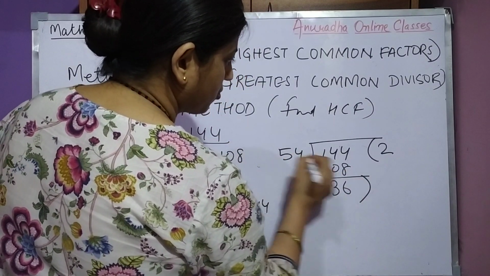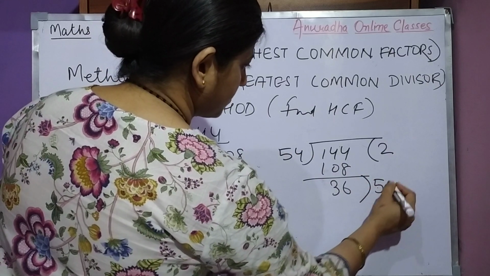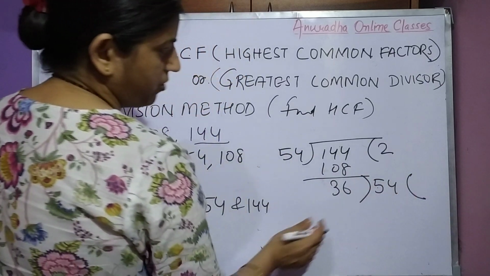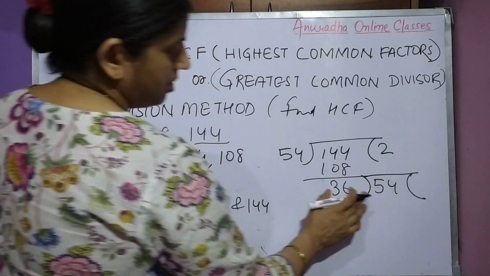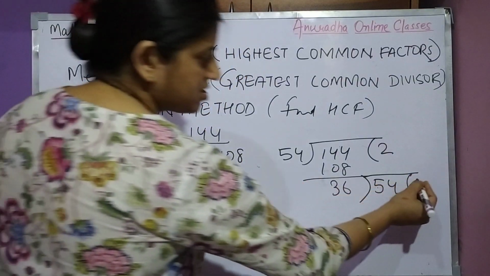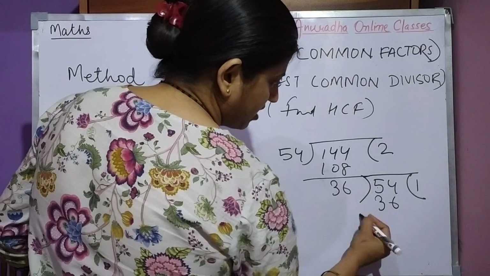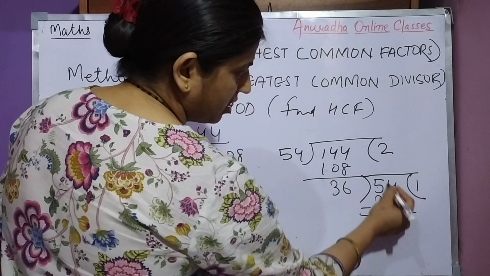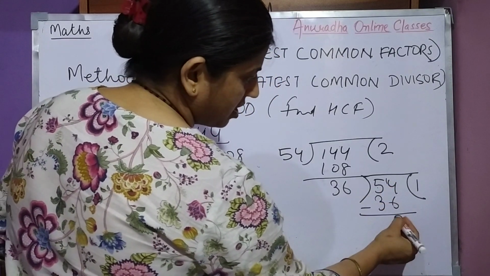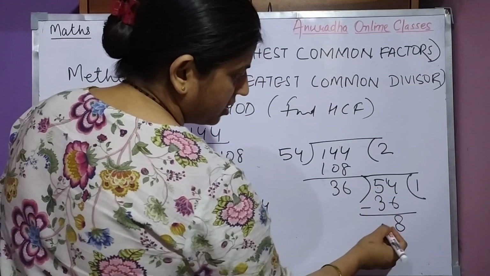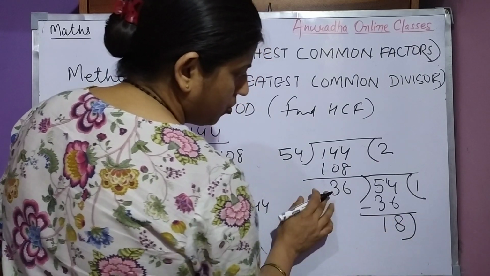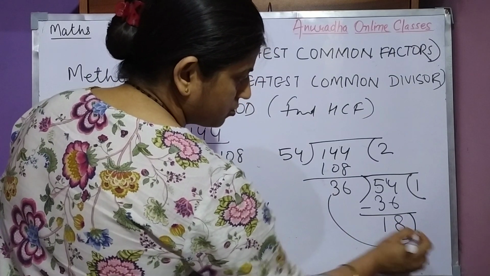This 54, where will it come? It will come here. This will become this side. Now find this one. 36 ones are 36. What is left? See, we will subtract. 14 minus 6 is 8, and 4 minus 3 is 1. Now this will go to this side.